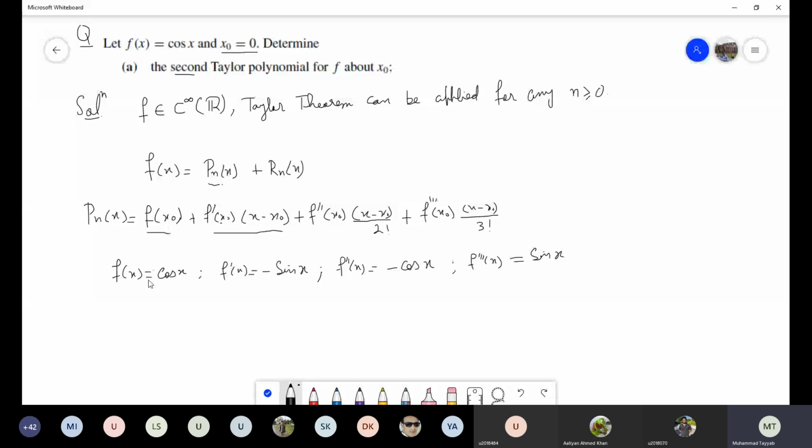But the Taylor series or Taylor polynomial says the function f must be defined at its interior point x naught, and x naught is equal to 0.